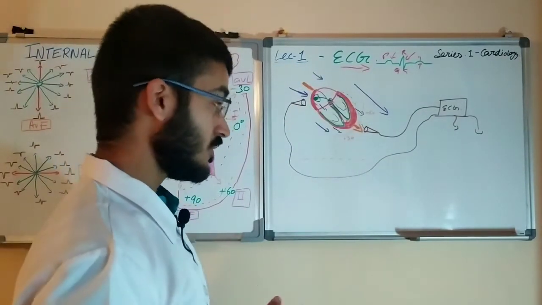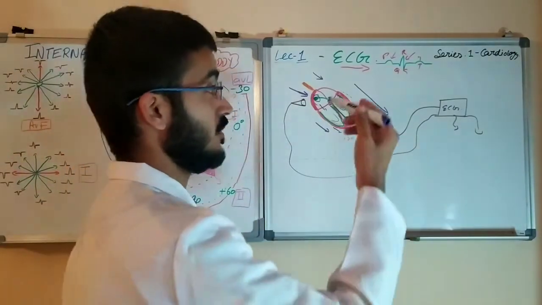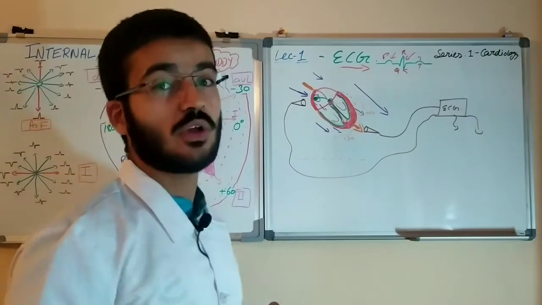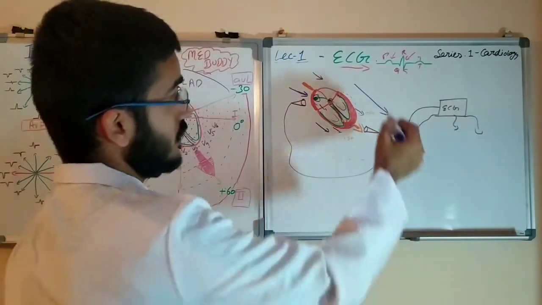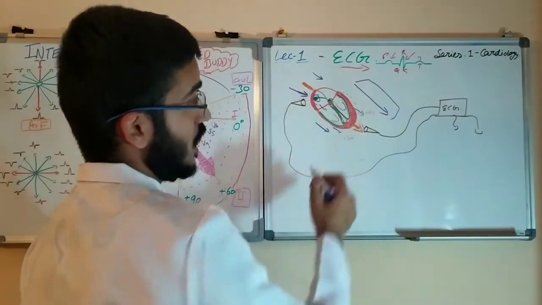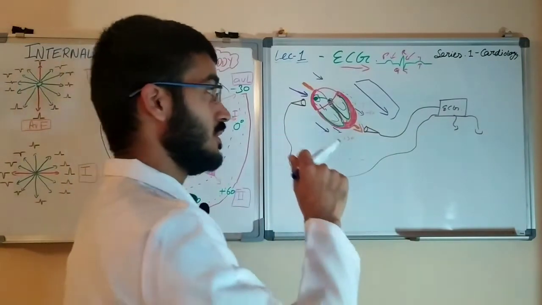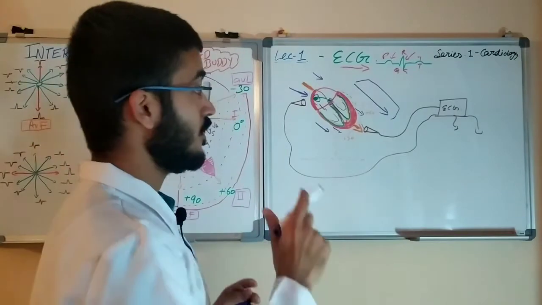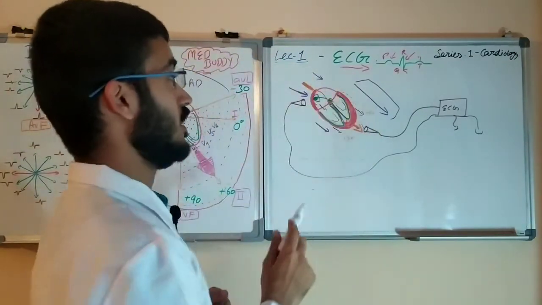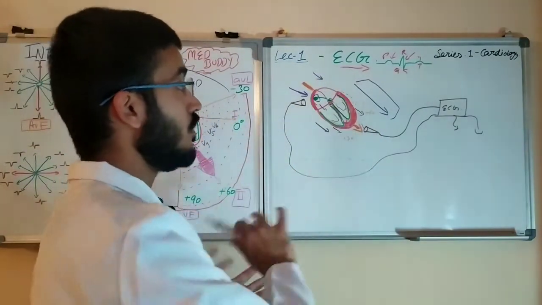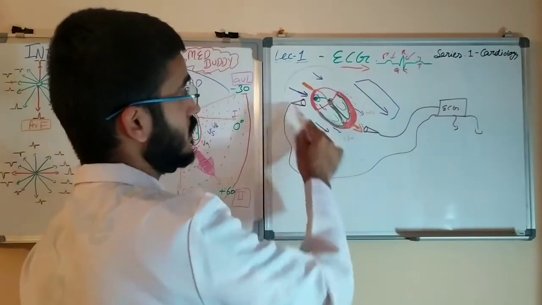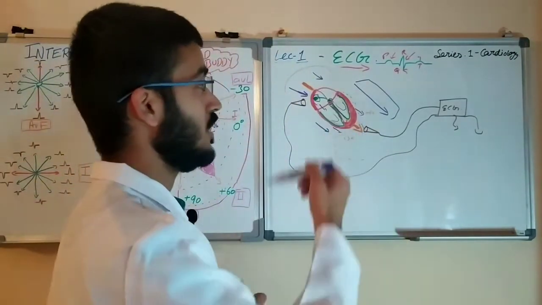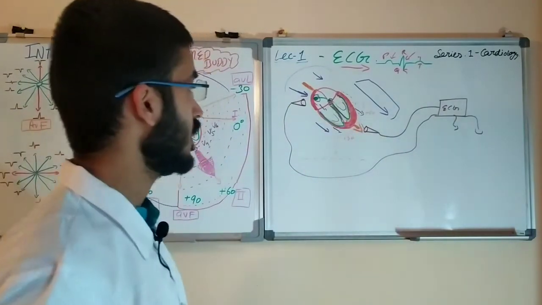So how is it going to be presented on the ECG? On the ECG, a single final vector is going to be present. The largest vector will be the mostly presented vector on the ECG, and this vector will cover all other vectors because it is largest, and on the ECG only it is going to be perceived.